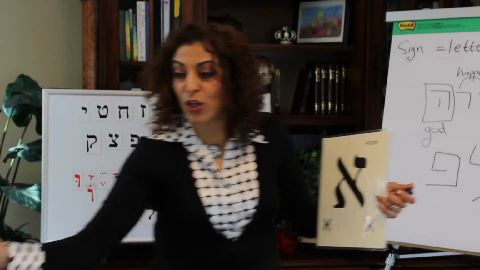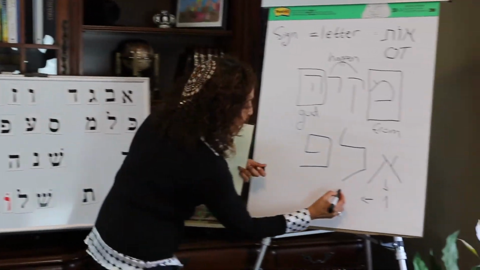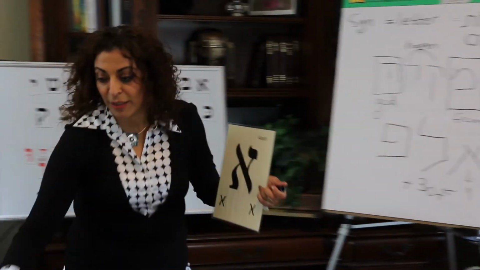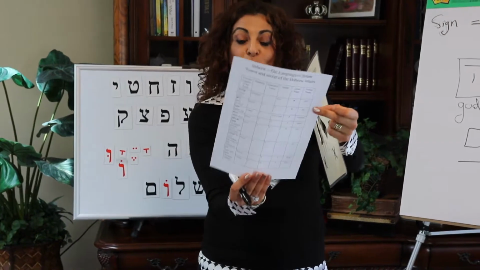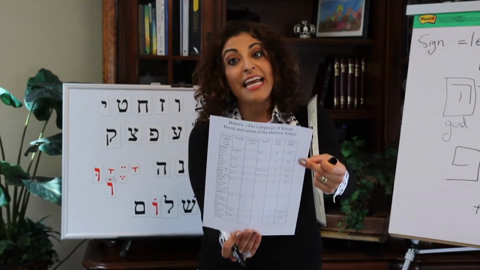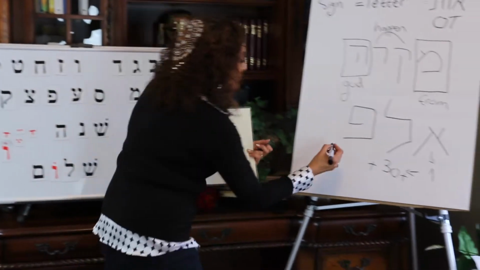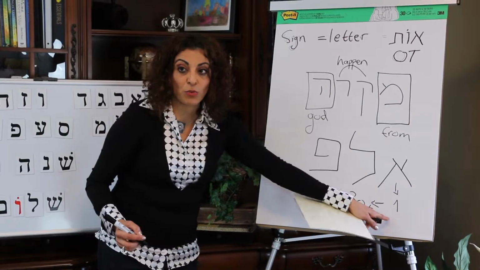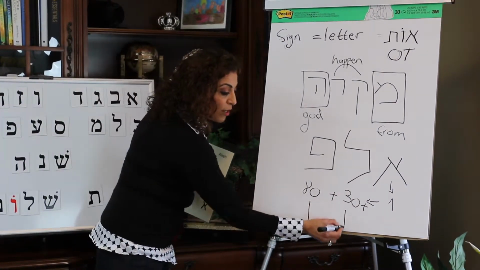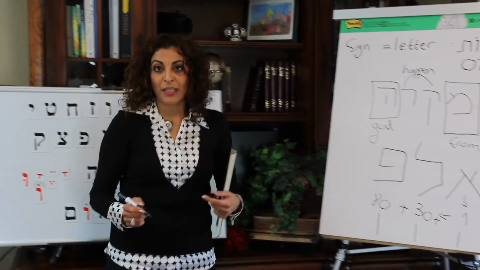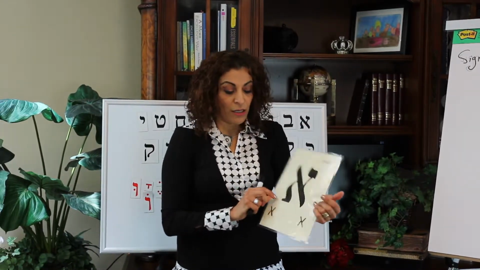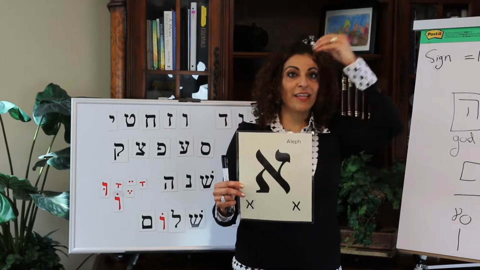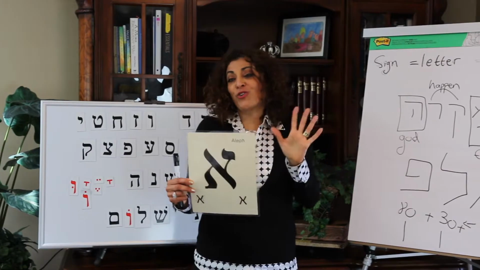Lamed equals 30. And what does Fe equal? Again, look at the notes. It is 80. So if you add 80 plus 30 plus 1, you get 111. It always comes back to 1. Aleph is the first letter. It's the champion letter.